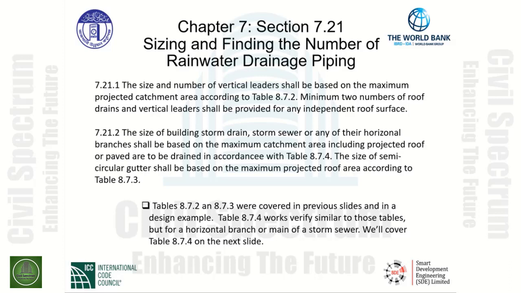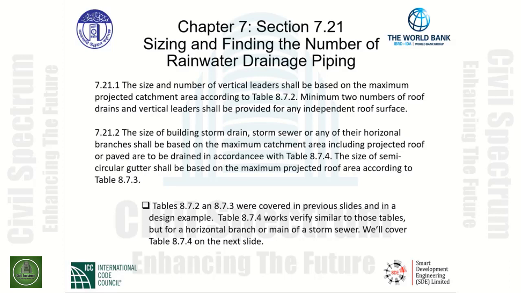7.21.2 provides that the size of building storm drain, storm sewer, or any of their horizontal branches shall be based on the maximum catchment area included. Projected roof or paved areas are to be drained in accordance with Table 8.7.4.